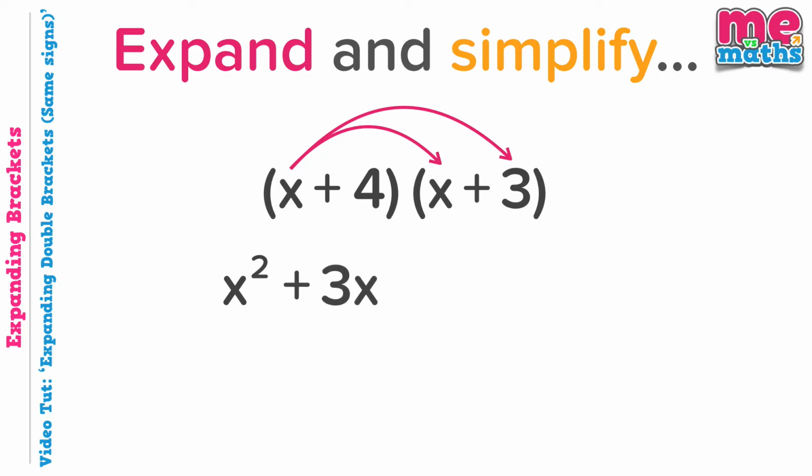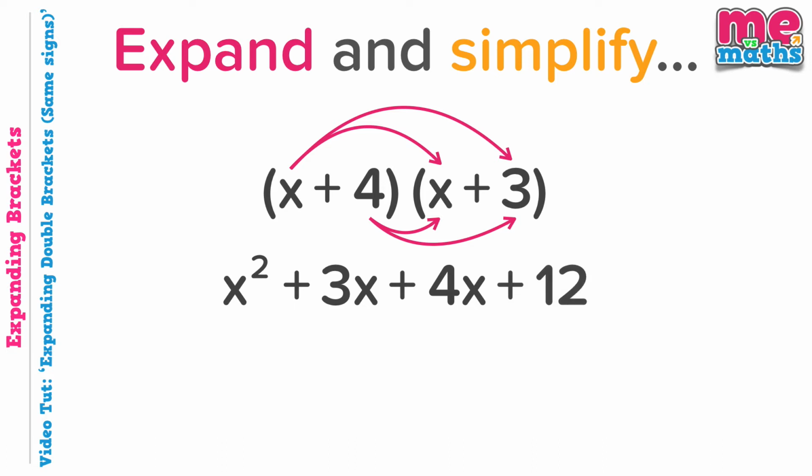Remember, we need to multiply the whole first bracket by the whole second bracket, so we also need to look at the plus 4. We have to multiply this 4 by the x in the second bracket, which will give us plus 4x. And finally, we need to multiply the positive 4 by the positive 3. 4 times 3 is 12, or plus 12 in this case.